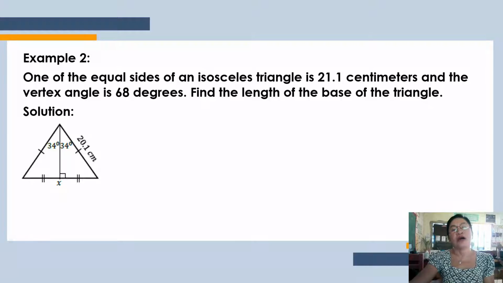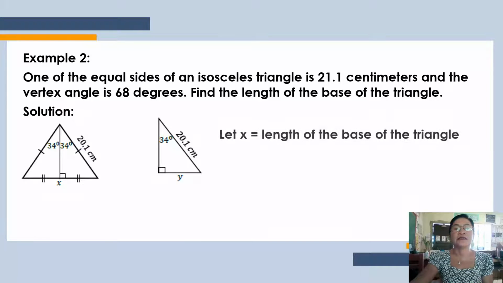You can see now that this 68 degrees is divided into two congruent angles of 34 degrees each.